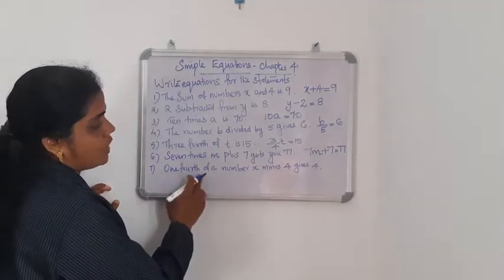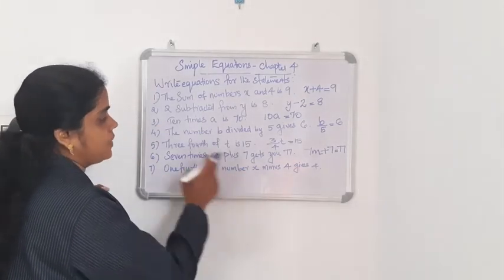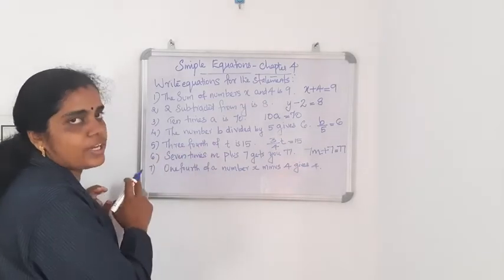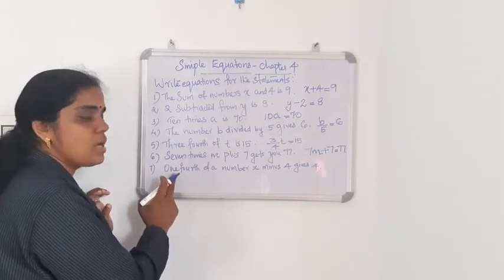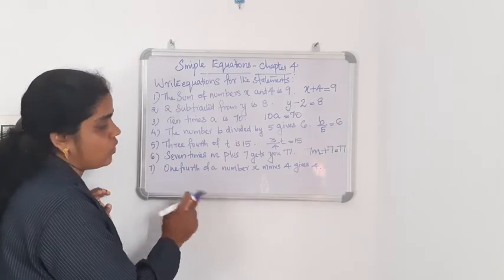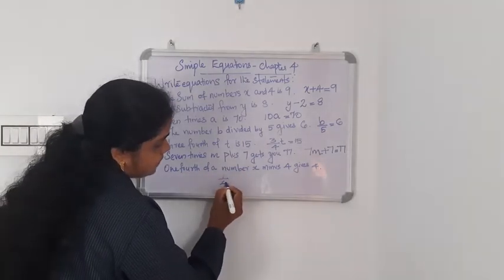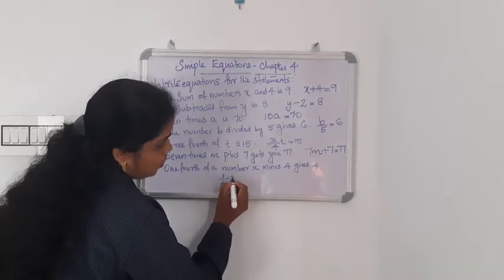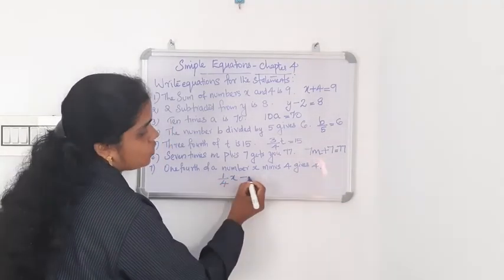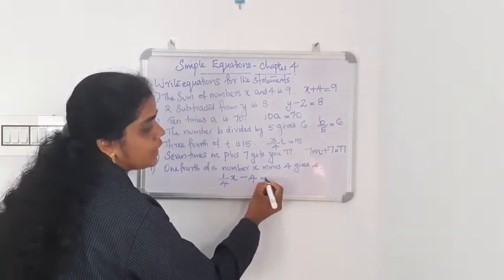Next question. 1/4 of a number x. Here we discussed the 3/4 of a number. 3/4 means 3 by 4. 1/4 means 1 by 4. 1/4 of a number x, that is 1 by 4 of x minus 4 gives 4.